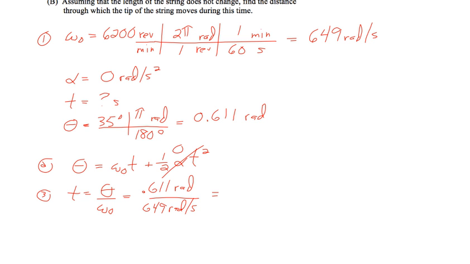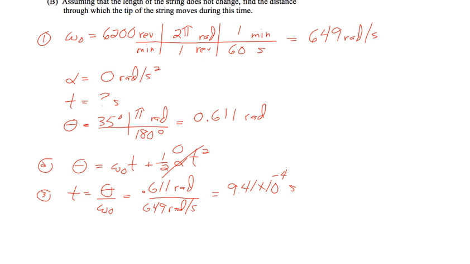Okay, so I'm going to write that as 9.41 times 10 to the negative 4 seconds. When they're really big numbers or really small numbers, that's when you probably want to write it in scientific notation. So that was the answer for part A.